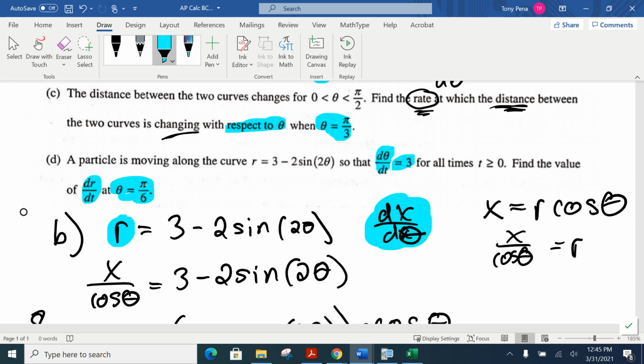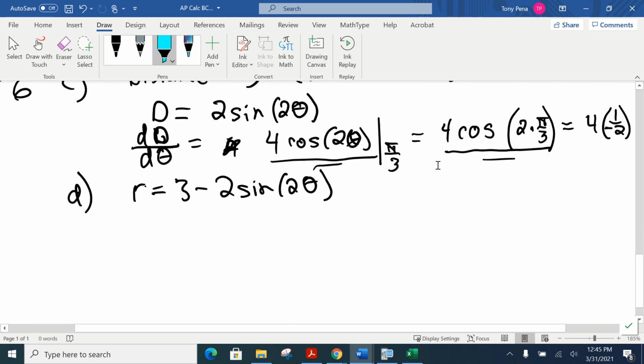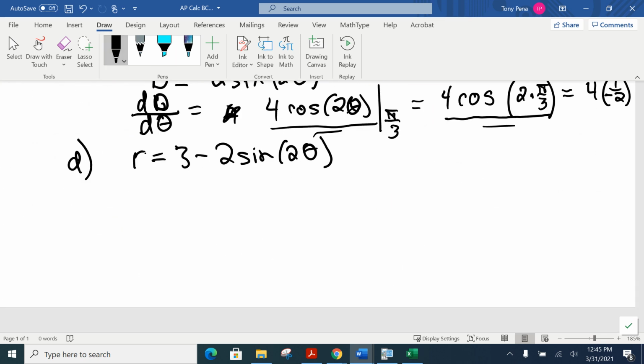All right, this is the one that I'm talking about. Remember all the related rate questions? Whenever we did those, I always told you that we want to take the derivative of the equation with respect to time. That's what they're now telling you to do. So if I did the derivative of r, I no longer get dr d theta.